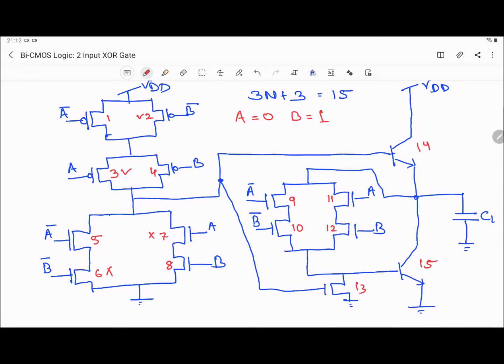Similarly, transistor 11 is off and transistor 10 is off. Therefore, the output node is not connected to the base of transistor T15 and hence we have no provision to ground the output. So, for the input combination A equal to 0 and B equal to 1, this particular logic gate is going to produce a high output.